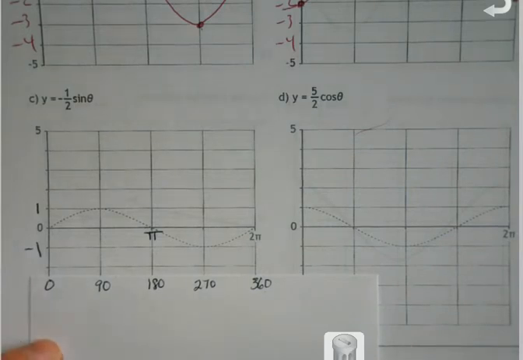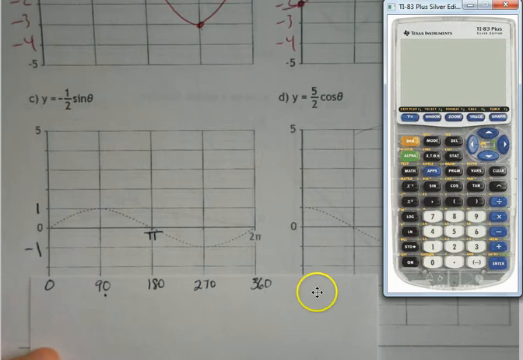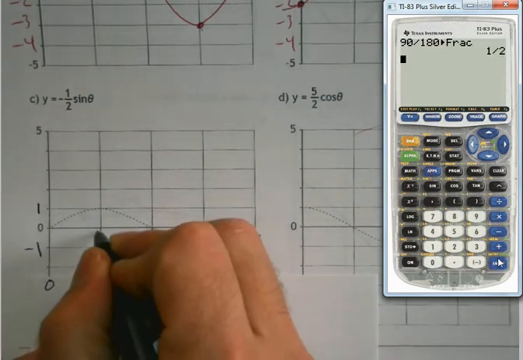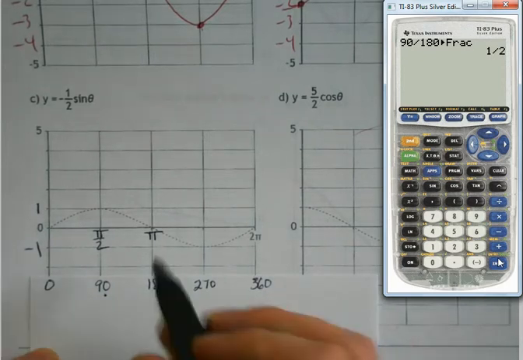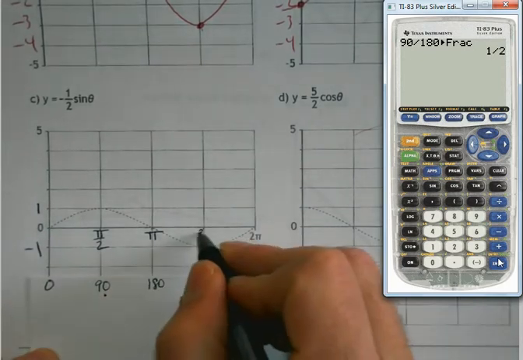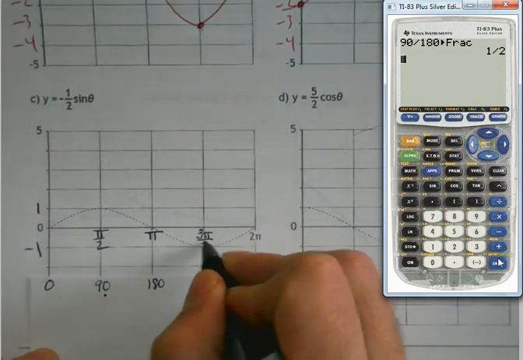And so I remember, I'm like, okay, oh yeah, I can take this number, divide it by 180, and then reduce the fraction to be able to turn it into that if I don't remember what it is off the top of my head. So if I want to do the divide by 180, and I always want to be in fraction form, I'd be like, oh yeah, that's pi over 2. And then it was pi, and our final one over here was 3 pi over 2.